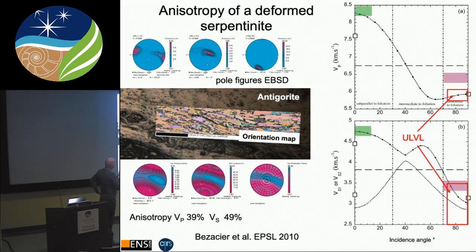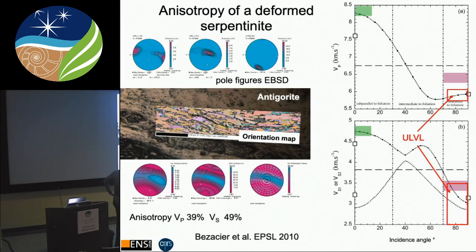Actually, this is the same schist from which we took the single crystal we used for the elasticity measurements. From that, we get an orientation map, and the orientation map, no surprise, tells us that the phyllosilicates are aligned along the foliation.